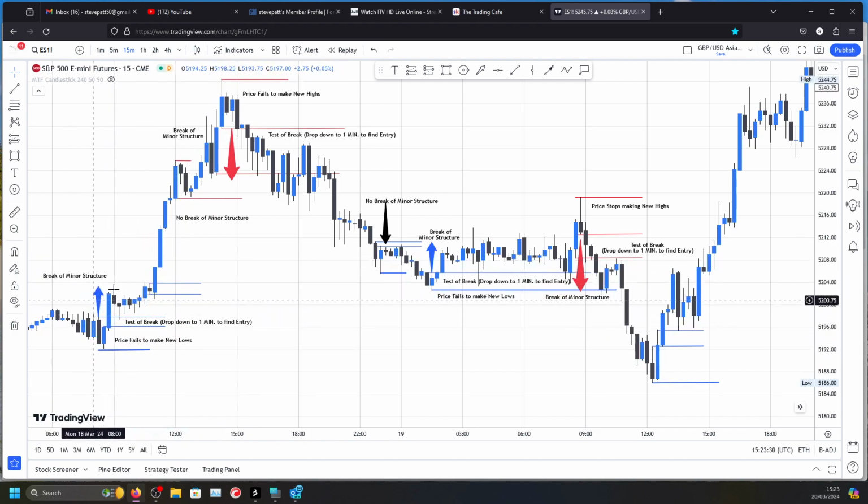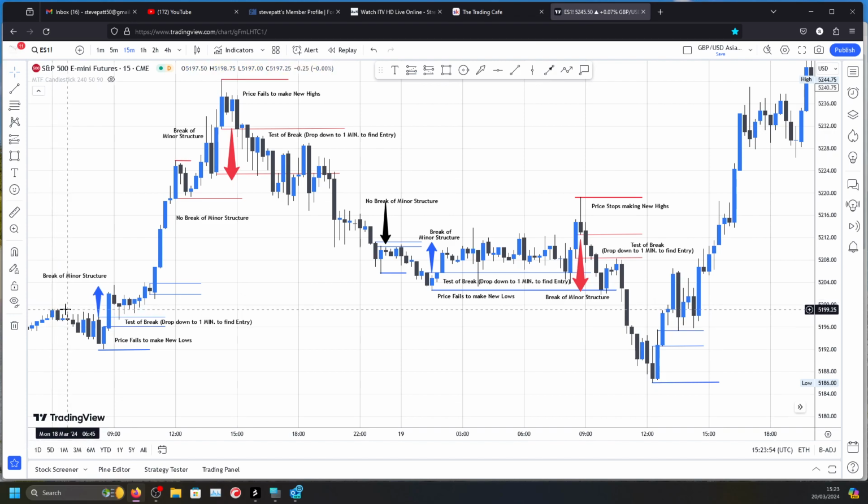If we start here at the bottom left, we can see here we get this bullish candle. Well, first of all, we get this low, and price then fails to make a new low below here. And then this candle, this bullish engulfing, goes on to break minor structure here.